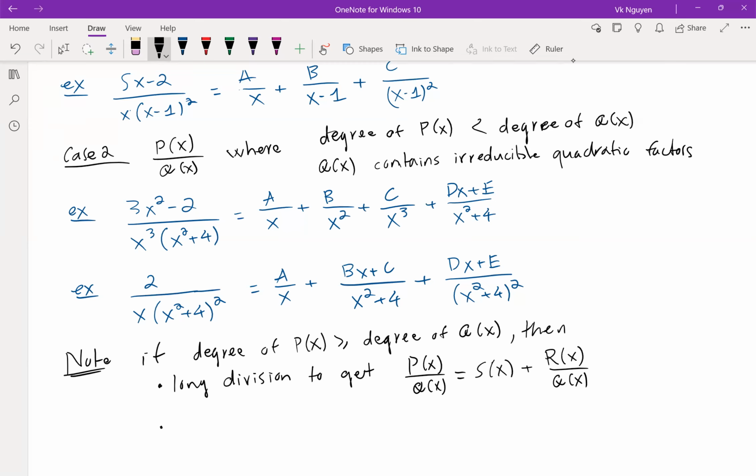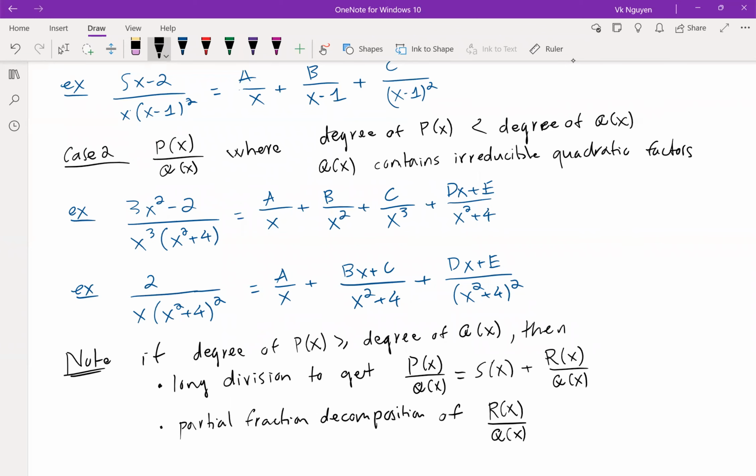And then we apply the partial fraction decomposition of r(x) over q(x) if possible.